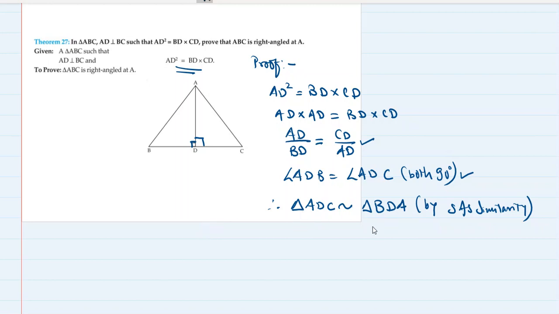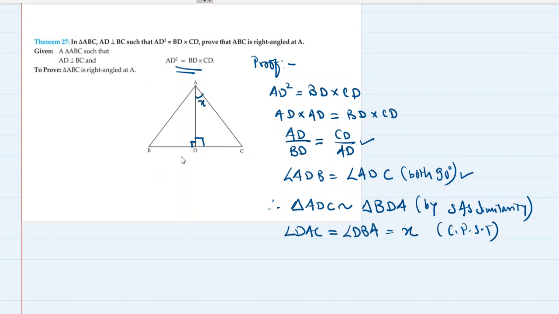According to the similarity and the correspondence which we have figured out, we can say that angle DAC is equal to angle DBA. I'm just matching the correspondence. I'm working according to the correspondence. Okay, so angle DAC is equal to angle DBA is equal to X, CPST. Angle DAC, where is angle DAC? This one. This is X.